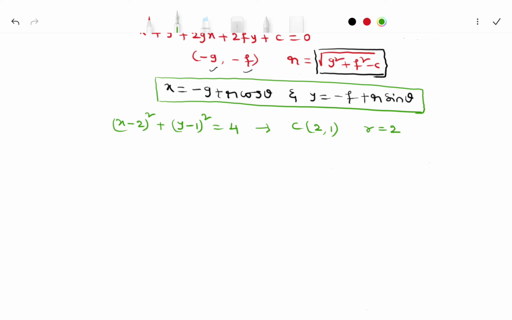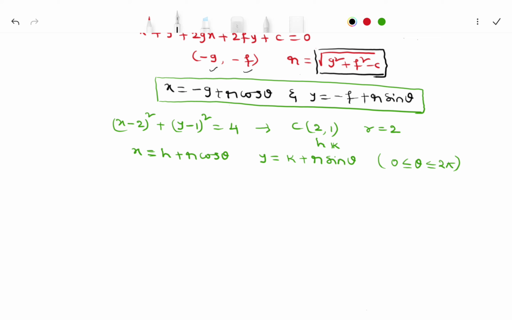Now the parametric equations: the formula is x equals h plus r cos theta, and y equals k plus r sin theta. Here theta lies between 0 and 2 pi. Now you substitute the center (h, k) and radius equal to 2.